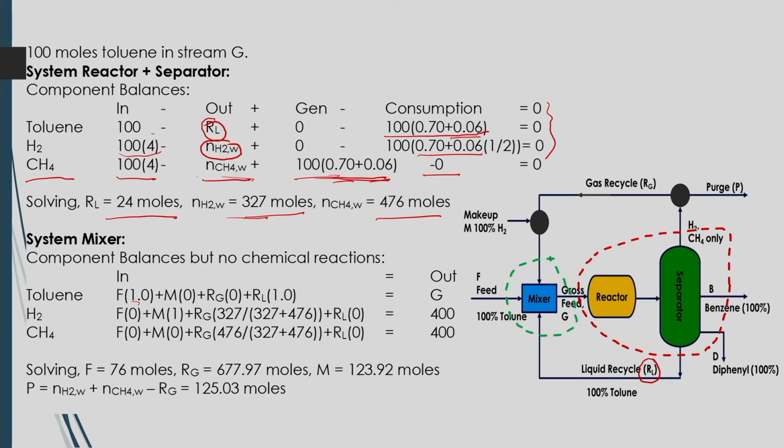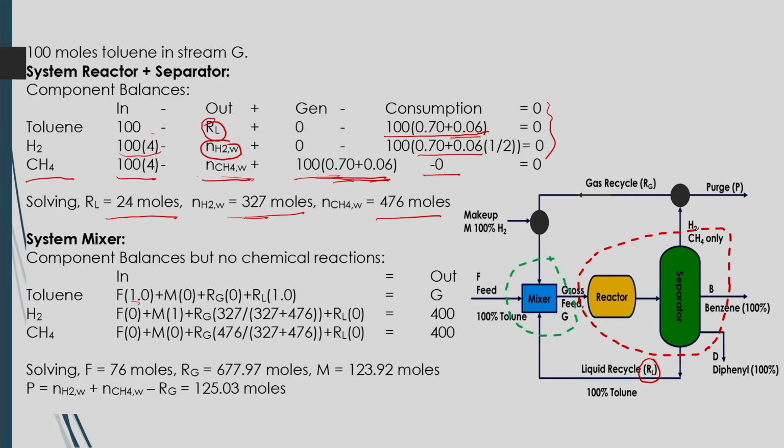Here M is the amount of makeup considered. The other quantity coming to the mixer is the gas recycle, Rg, but what will be the amount of toluene in that Rg? Since no toluene comes out from the separator, there will be no toluene in the gas recycle stream. So, that is why it will be Rg into 0.